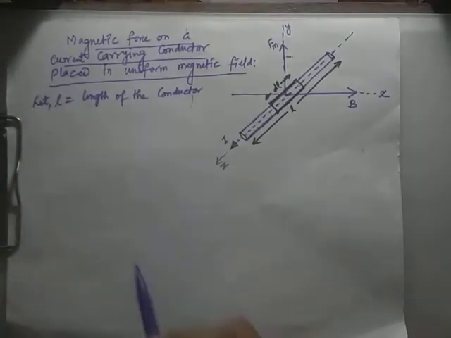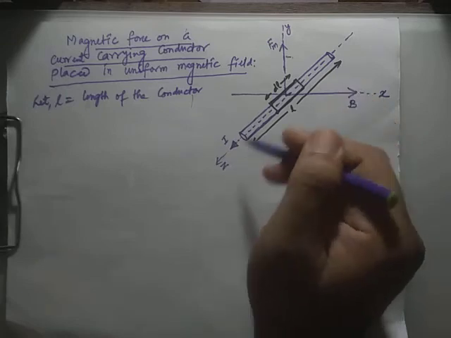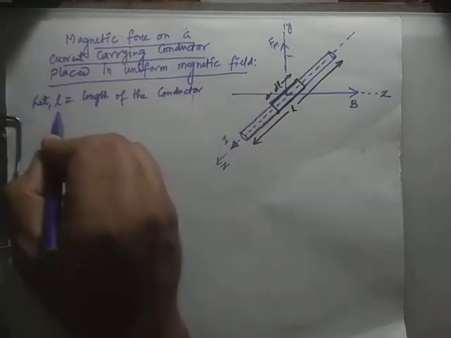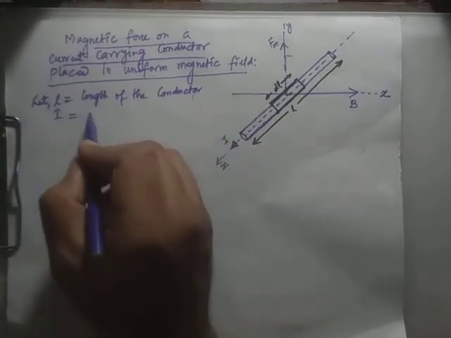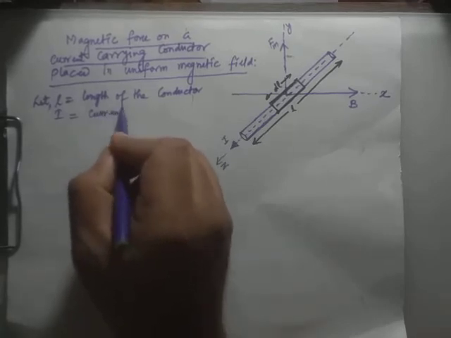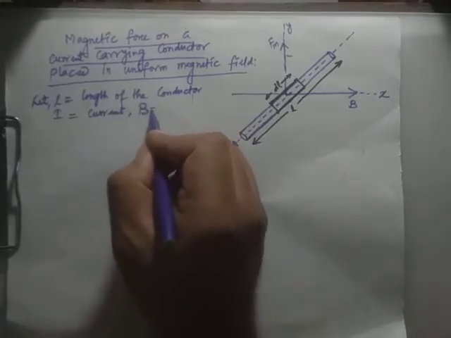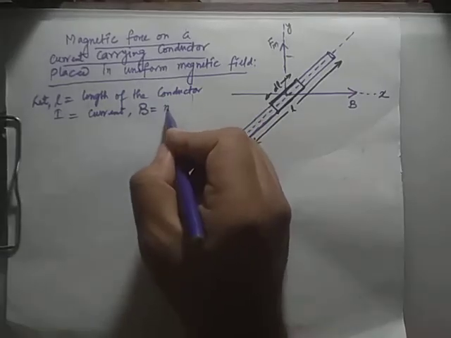And current I is placed in a uniform magnetic field. So I is equal to current, B is equal to magnetic field.